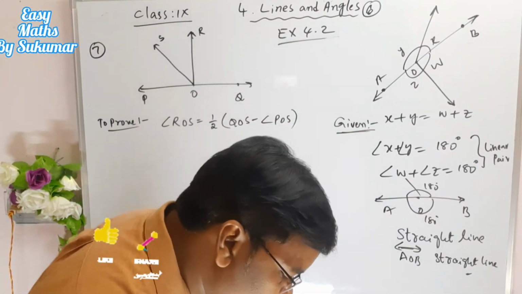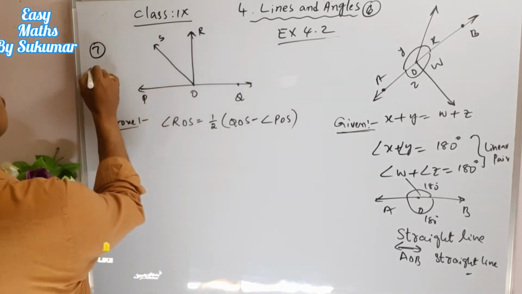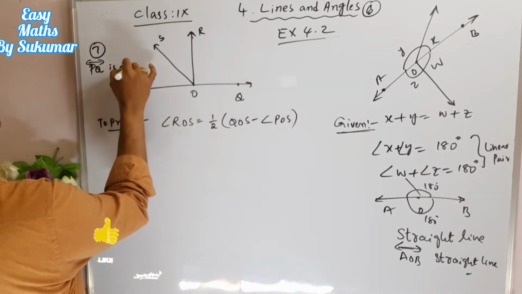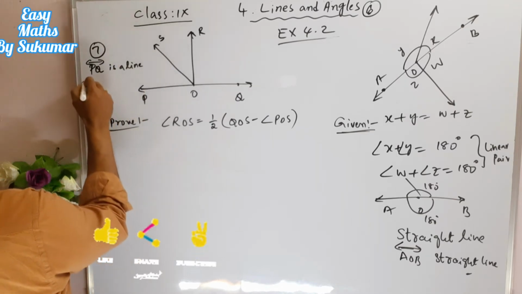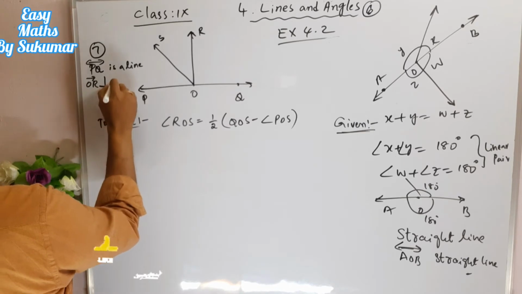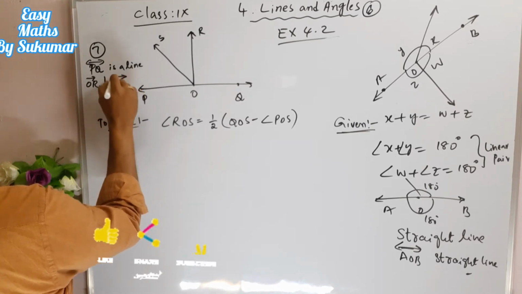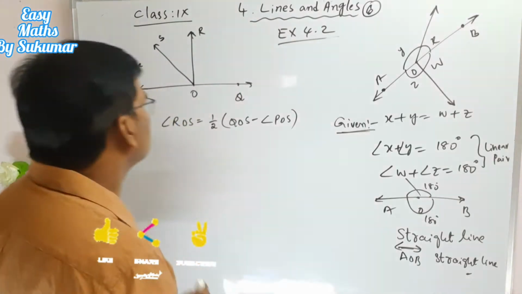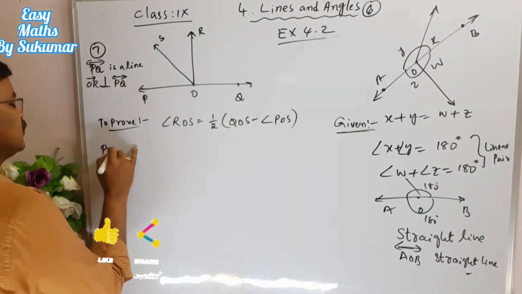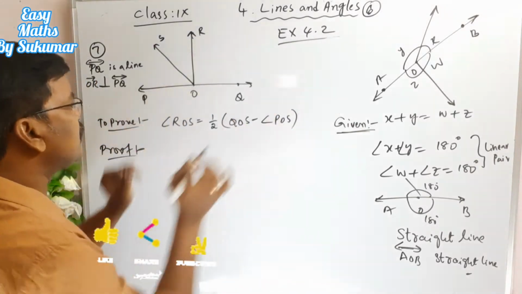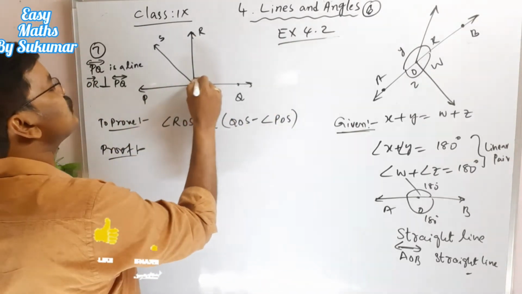Here what is given? This PQ is a line, and OR is perpendicular to PQ. Okay, my dear students, to prove this statement, let us say this angle is 90 degrees.